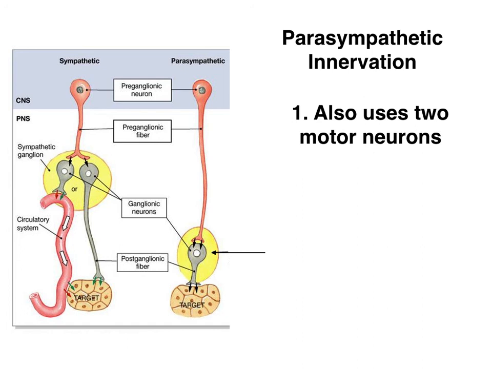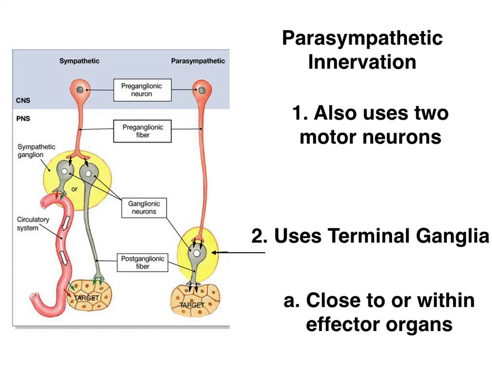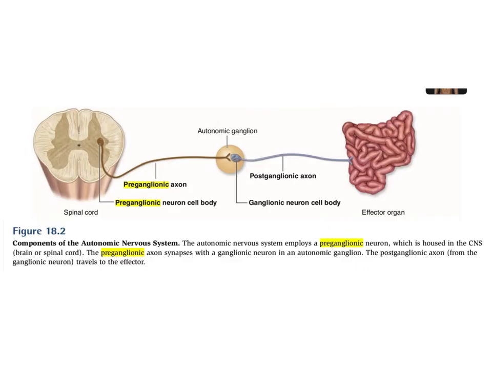In the case of the parasympathetic ganglia, they are located in what are called terminal ganglia, which are very close to or within the effector organ. So for example, the terminal ganglia would be located very close to or inside of the small intestines if you wanted to trigger smooth muscle in the small intestines.